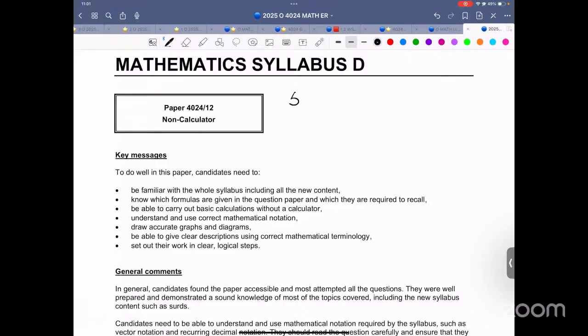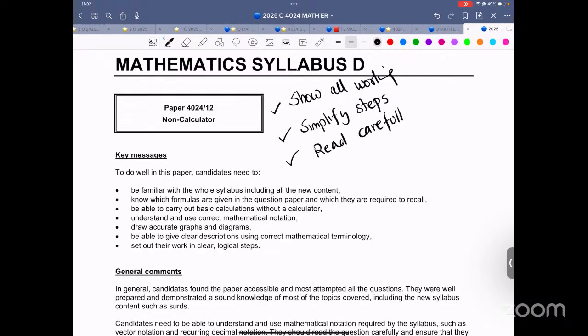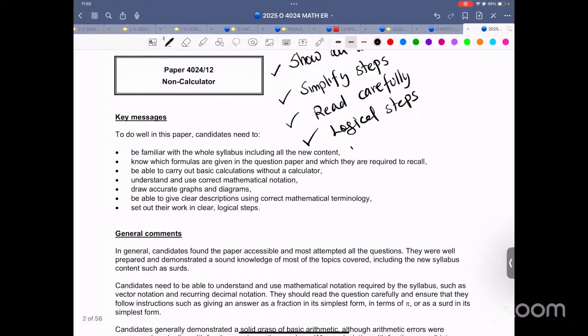First thing first is that, let me write it for myself, show all working. Simplify steps, read carefully, logical reasoning, logical steps, and this is paper one.